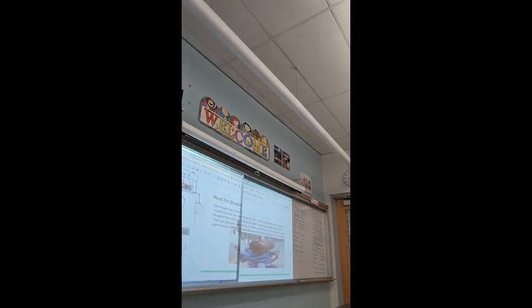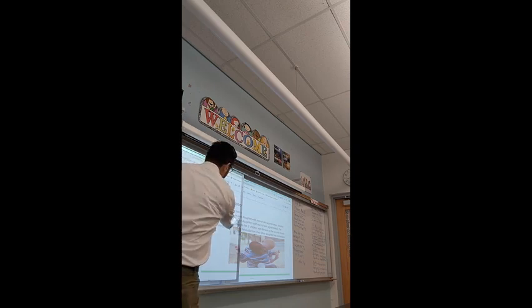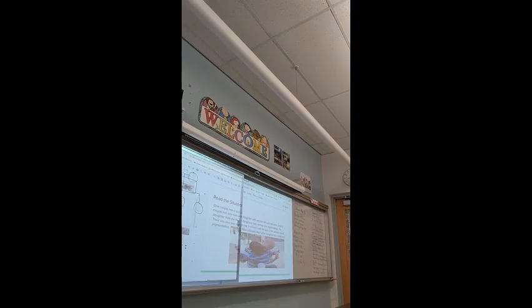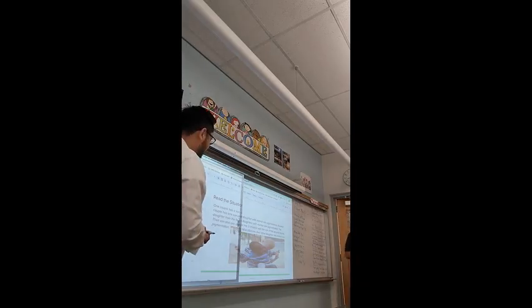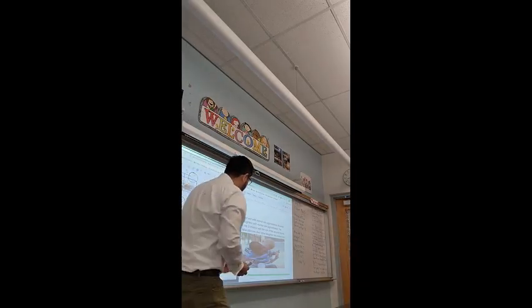So which one should I shade? Should I shade this one? Should I shade this one? Why? Because it says their son has albinism. They do have the disease, so I'm going to shade this one. What about the daughter?